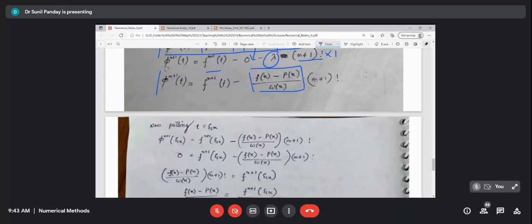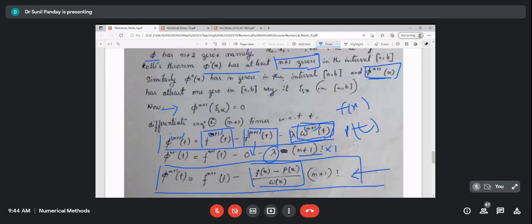Now we have obtained the form of the phi function, because phi is again a function in t, and it is given by this equation. Now we have one piece of information: phi has 0 at the point xi(x), where xi(x) lies in the interval (a, b).